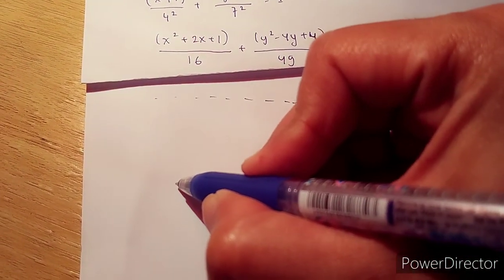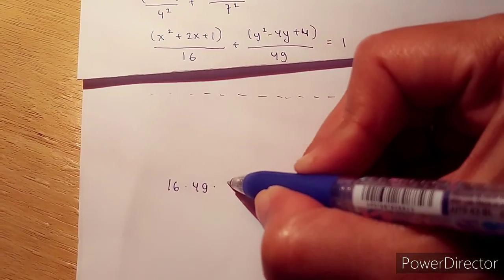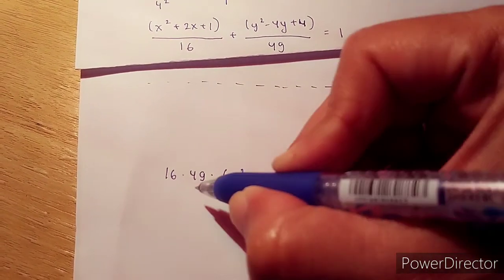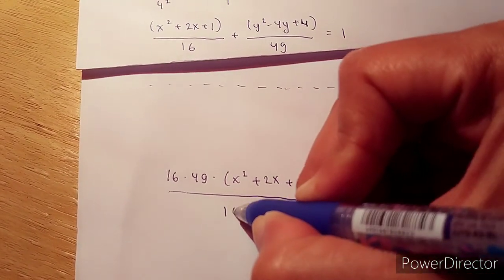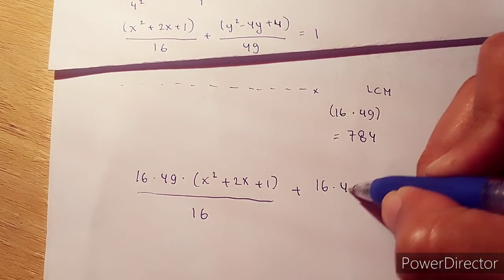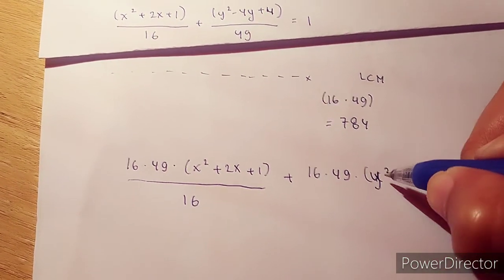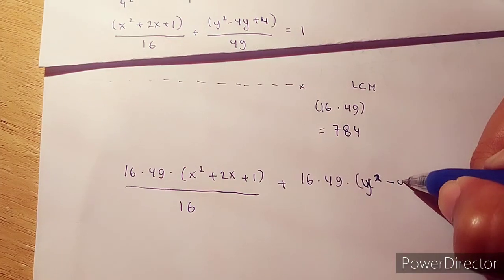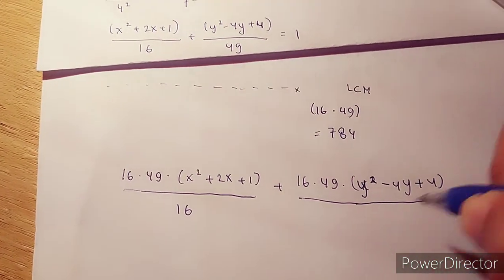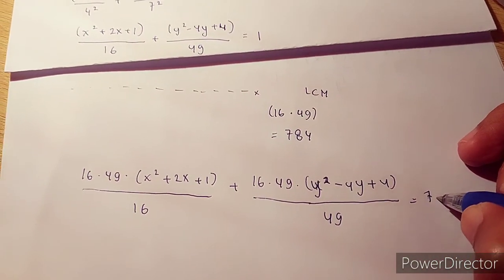So when I multiply this all by 784, I will have 16 times 49 times (x squared plus 2x plus 1) over 16. I hope you get it. Plus 16 times 49 times (y square minus 4y plus 4) over 49 equals 784.